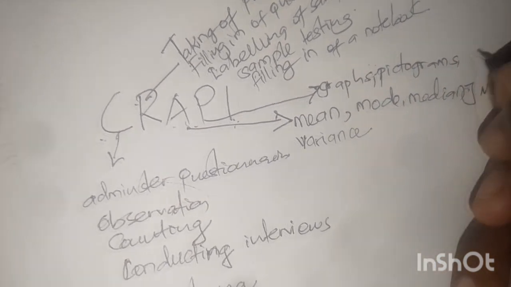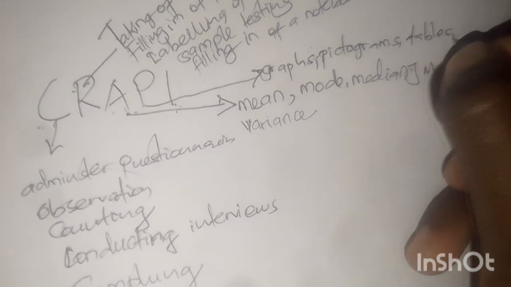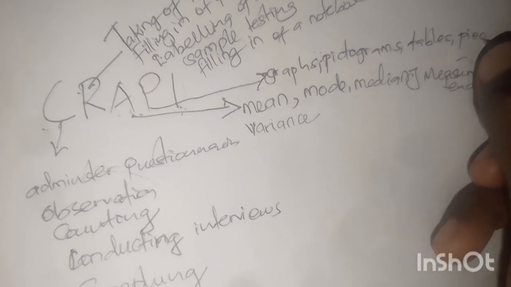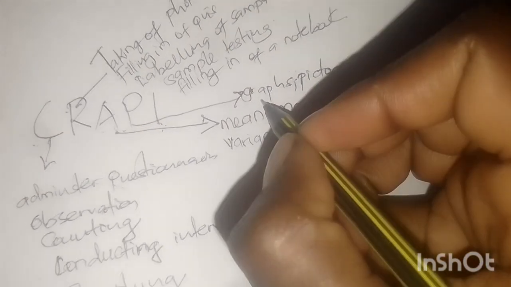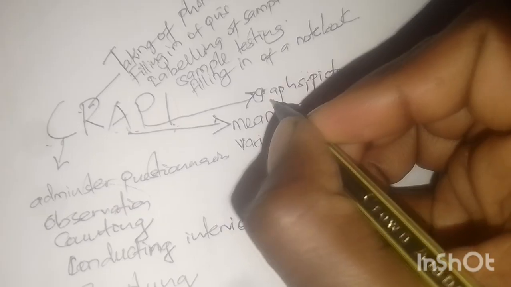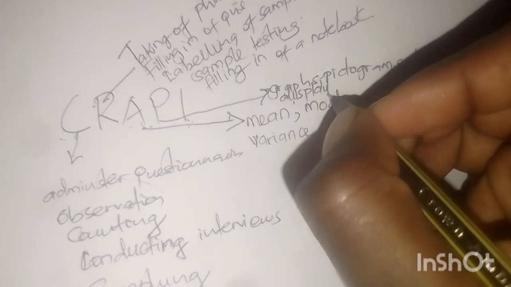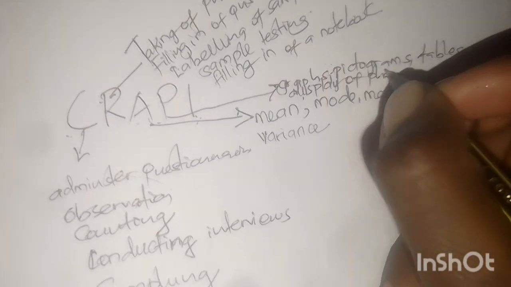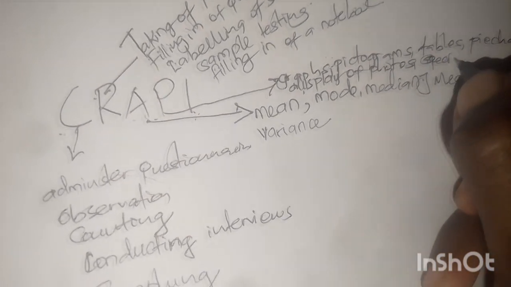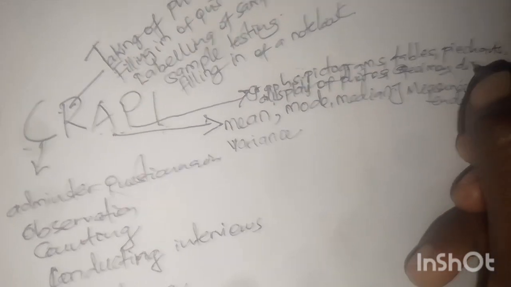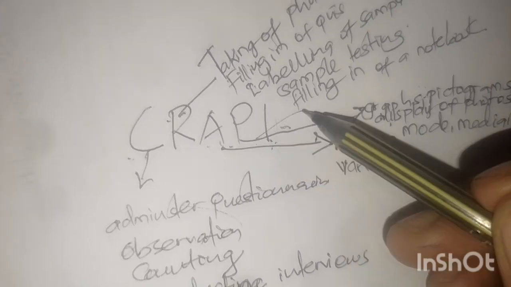We can have a histogram also, can have tables, we can have pie charts, can also have display of photos. We can have a specimen display.